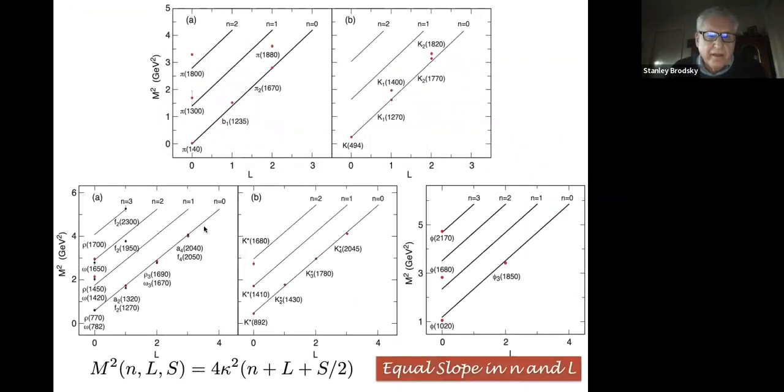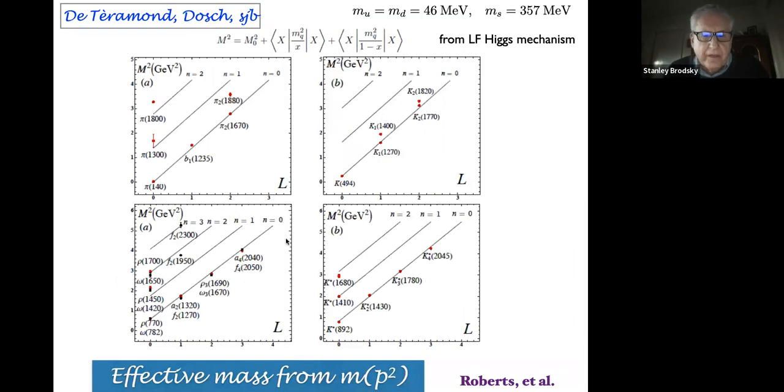Also, here it's not just the pion, but also the kaons. When you put the quark masses in, I'll explain that, just put simple m squared over x terms, then you get, in fact, the spectroscopy of all the hadrons. And you go through the whole periodic table this way. And so here again is the pion trajectory in L, and then the kaon trajectories and so on.